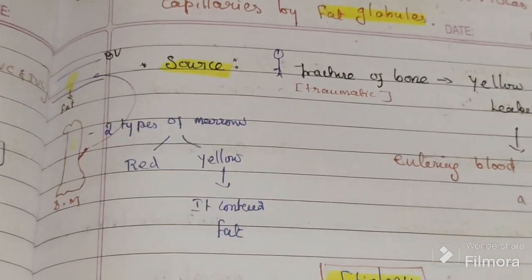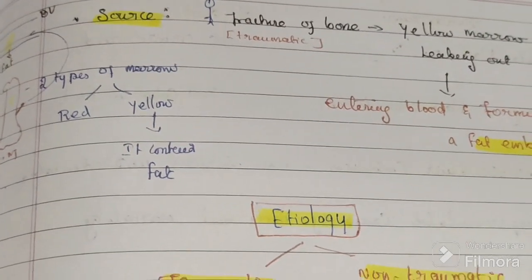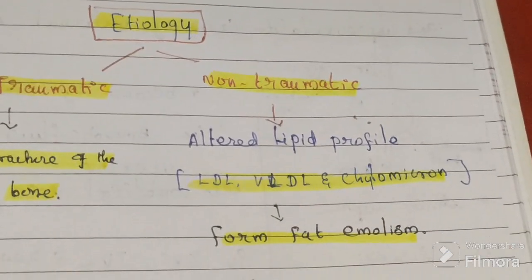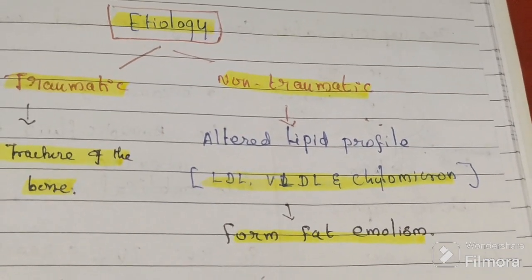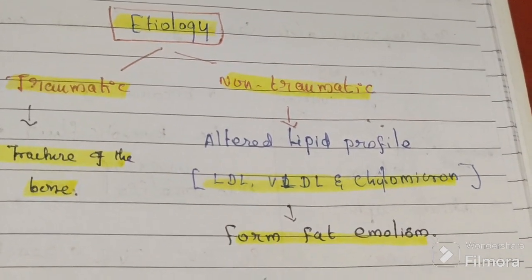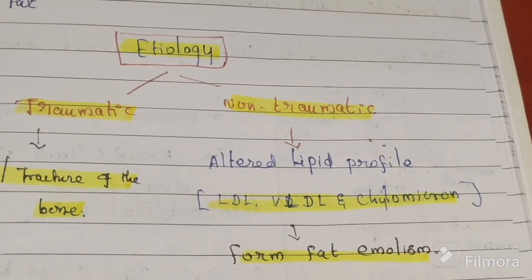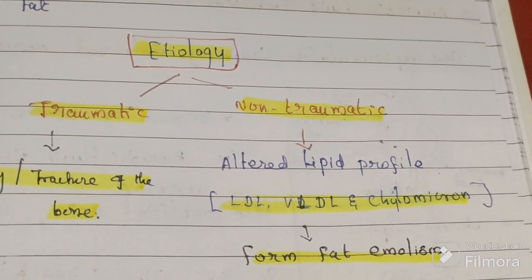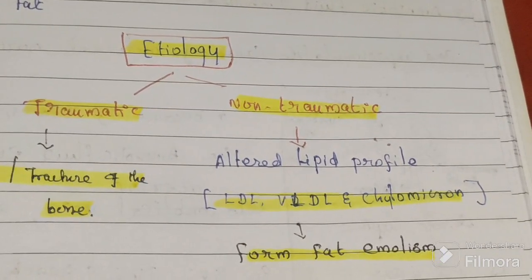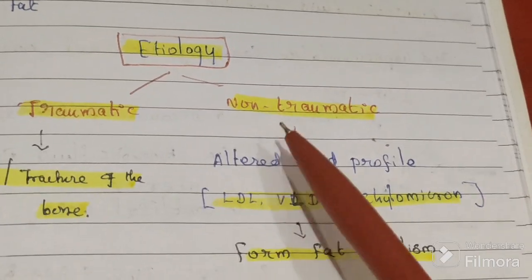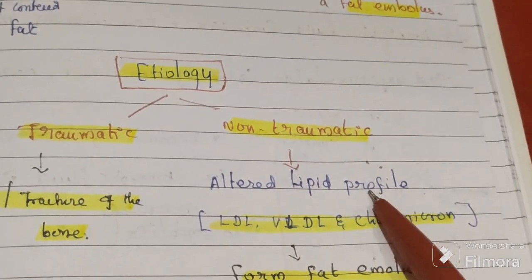The embolus moves here and there. Next, the second reason: without a fracture also, sometimes we can see fat in the blood. So this is the non-traumatic cause, like an altered lipid profile.